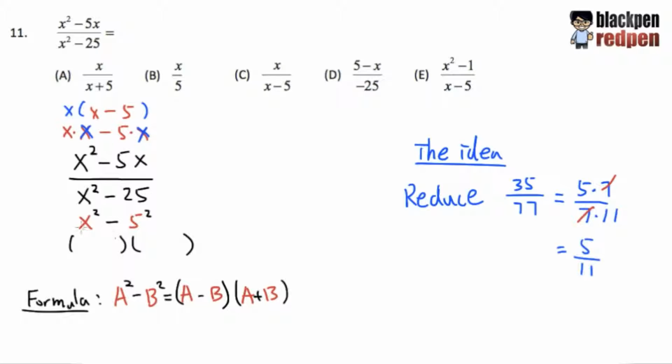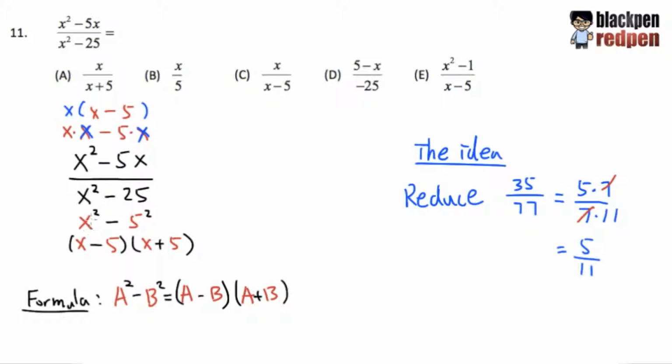For the first parentheses, we will have x minus 5, because once again, the x is the a, the 5 is the b. And then for the second parentheses, we'll have once again the x, but in this case, we will have the plus. So let me write down the plus right here, and then the b is a 5.